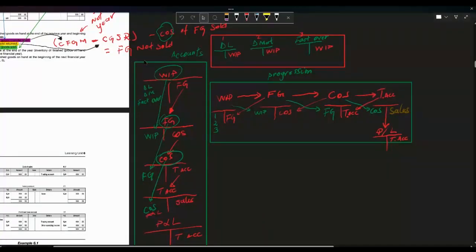So on the other side will be the cost of these finished goods. And let me again be clear. So it is the cost of manufacturing these finished goods. All right. So the cost of sales will be an account in its own right.